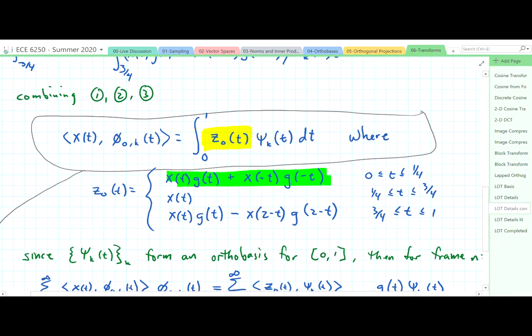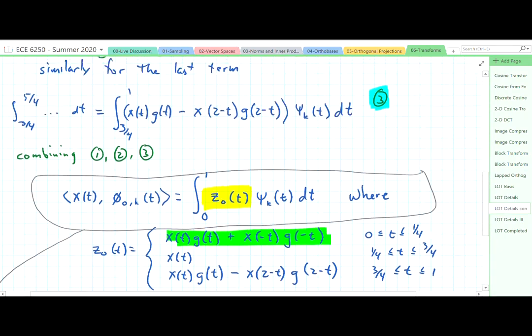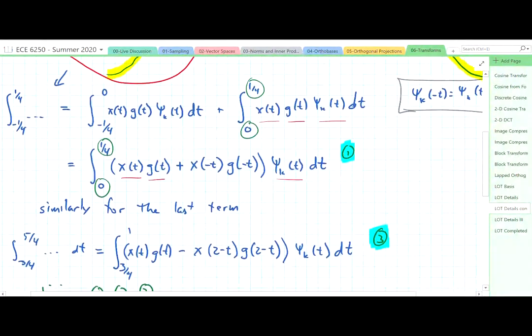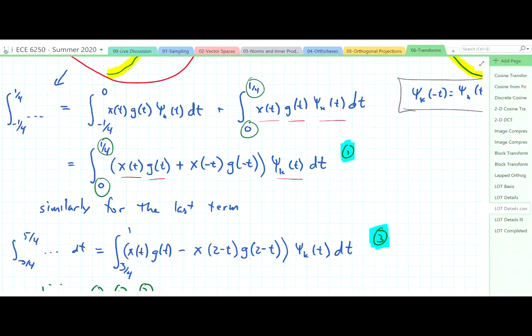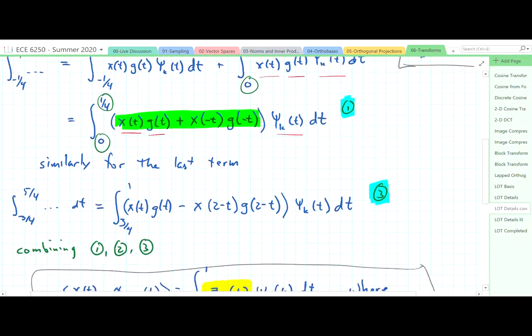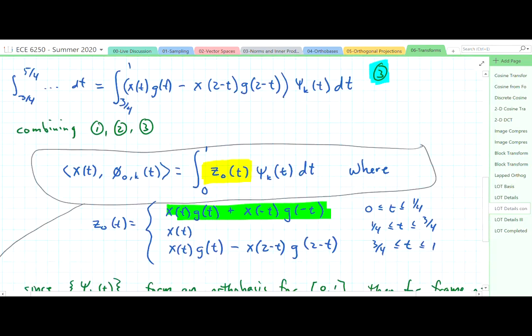It comes from expression number 1 right here. And from 1/4 to 3/4, we have an x of t that came from expression number 2 above. And likewise from expression number 3, we have an expression from 3/4 up to 1.